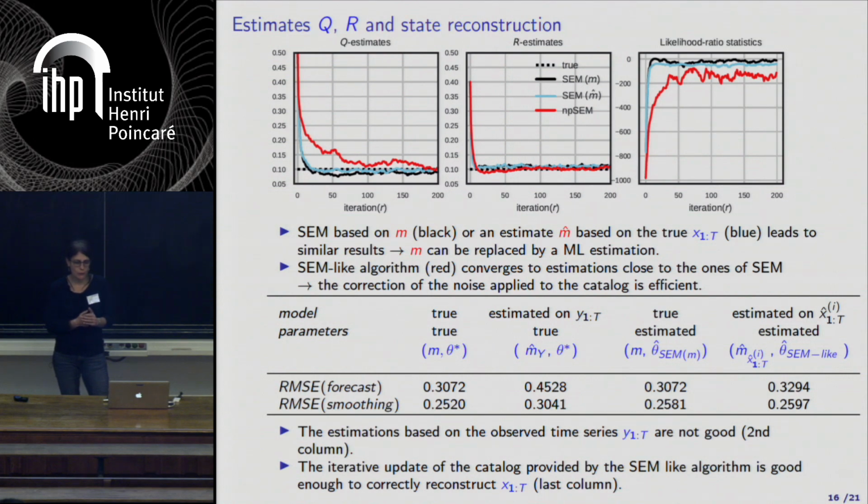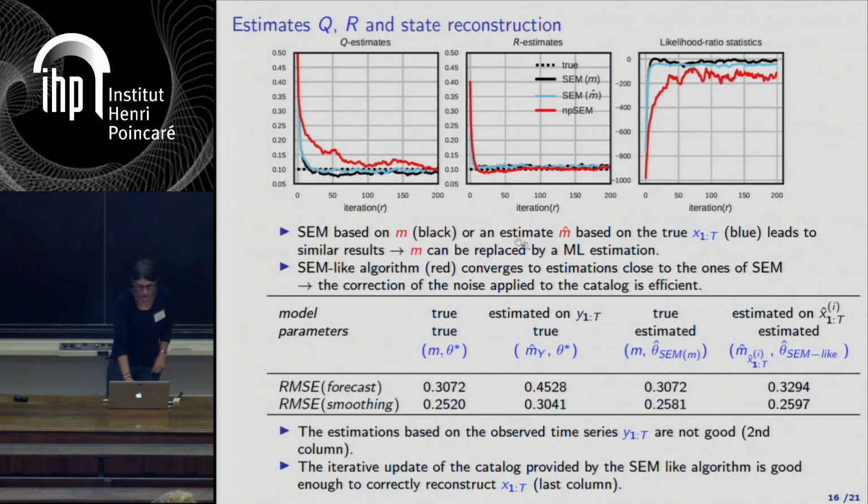The blue curve corresponds to the estimation if the model M is estimated from a perfect observation, so if you have no noise on the time series used to estimate M. And the red line corresponds to the last algorithm, the algorithm where you estimate Q, R, and the state, and you update your catalog step by step. So you can see you have quite a good agreement between the 3 curves, and in particular the red curve converges to the other ones.